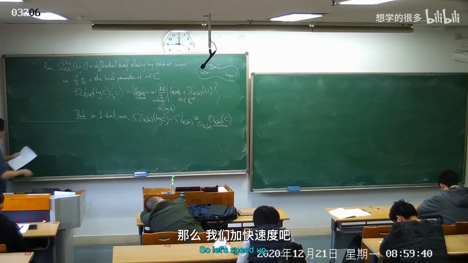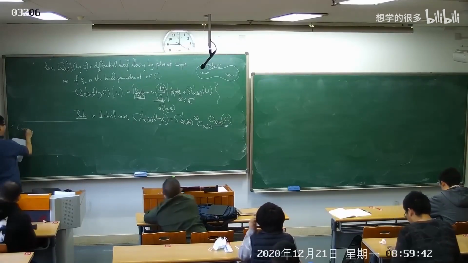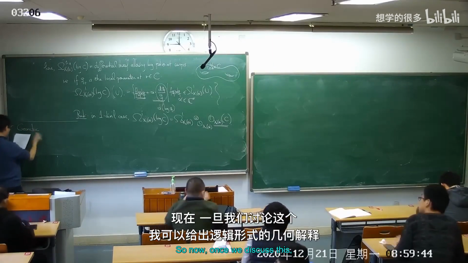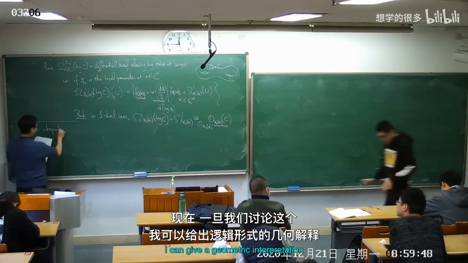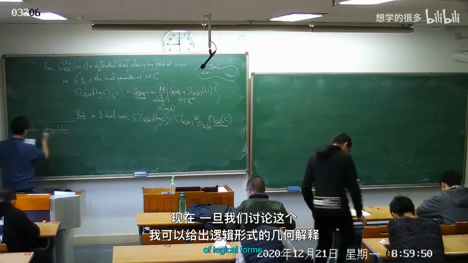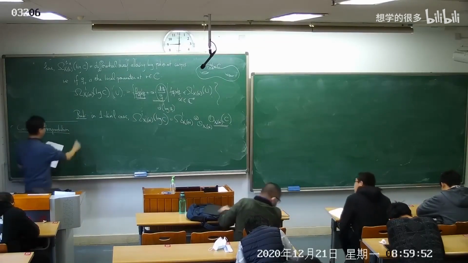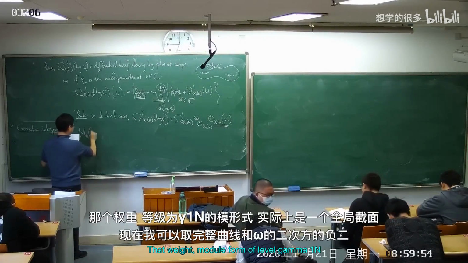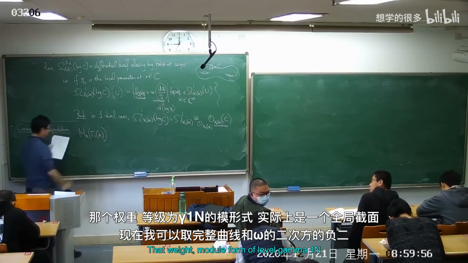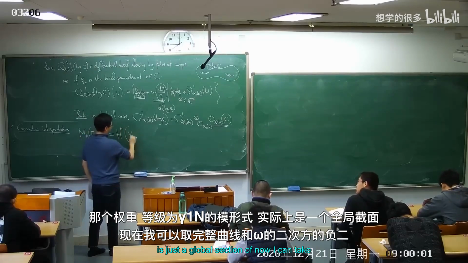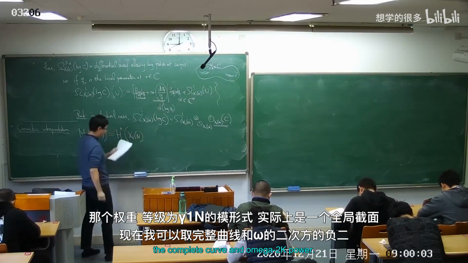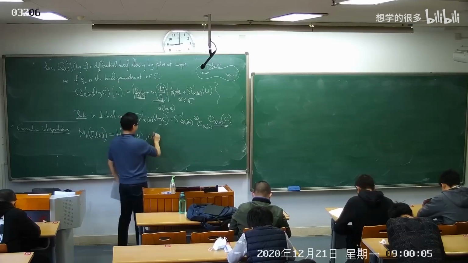Or earlier, so let's speed up. So now, once we discuss this, I can give a geometric interpretation of modular forms. A weight k modular form of level gamma 1 n is just a global section of, now I can take the complete curve and omega to the power k.